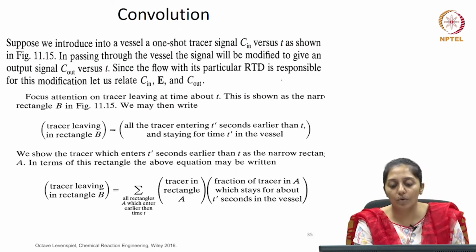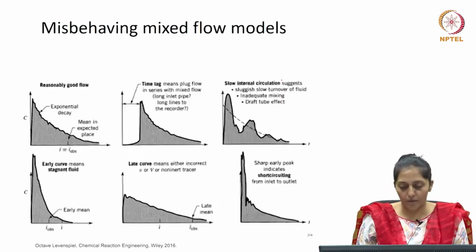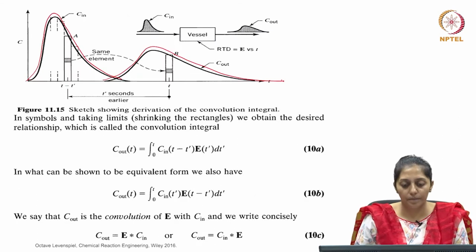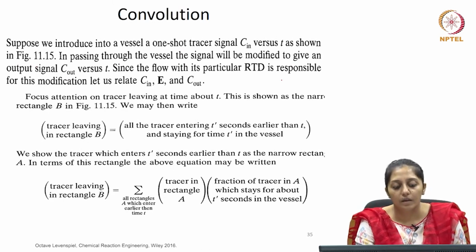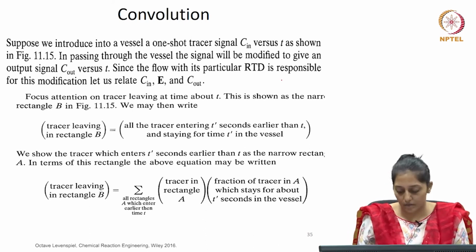Now since the flow with its particular residence time distribution is what is responsible for this modification of the curve of C in and C out, let's try to connect it with the RTD. Now focus your attention on the tracer which is leaving at time t.